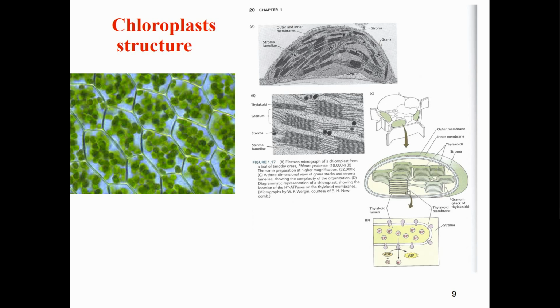And yes, pause for a minute, backtrack. Plant cells have mitochondria, which means plant cells respire. There is cellular respiration that all plants do as well, which means, remember, we respire, we take in oxygen, we release carbon dioxide. It is the same for plants.